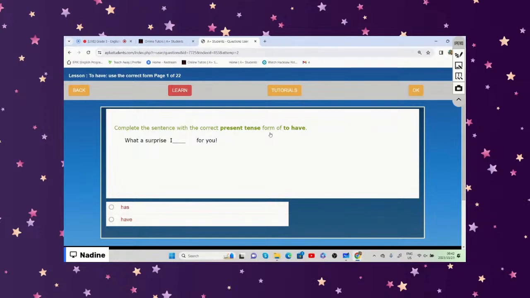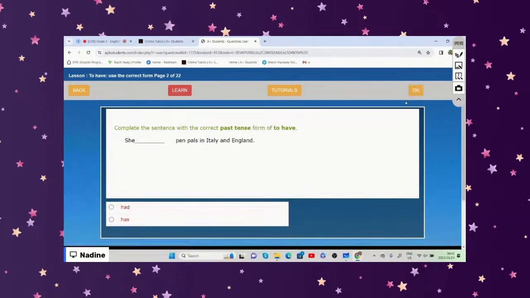So we need to complete the sentence in the present tense form. So if we choose the correct one, we can say, what a surprise I have for you. And have is correct. So well done.